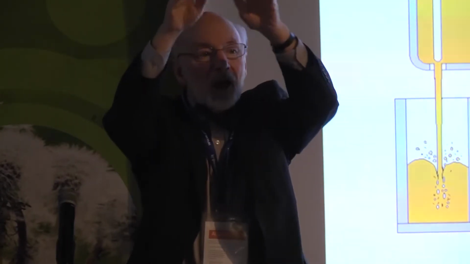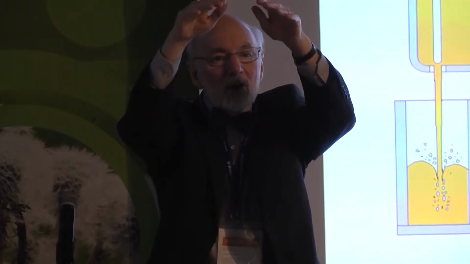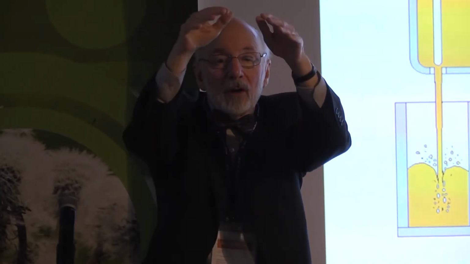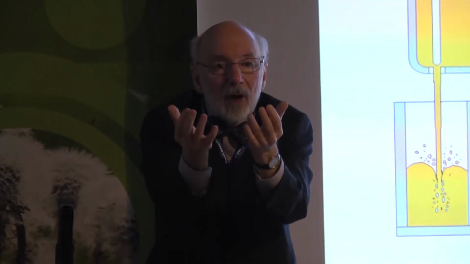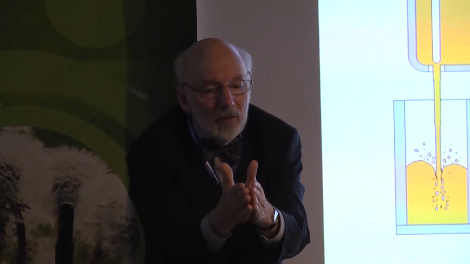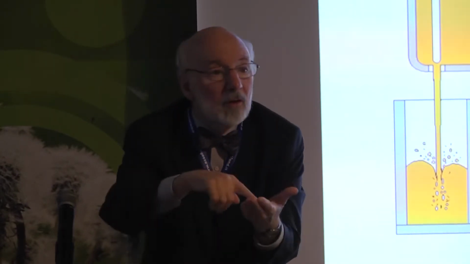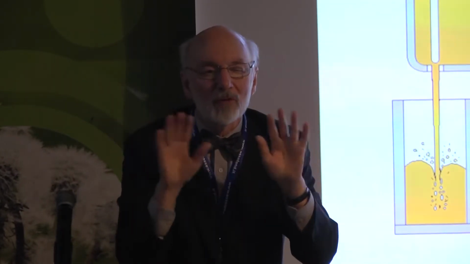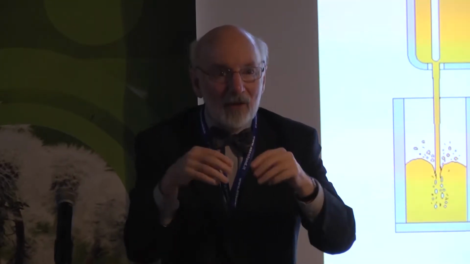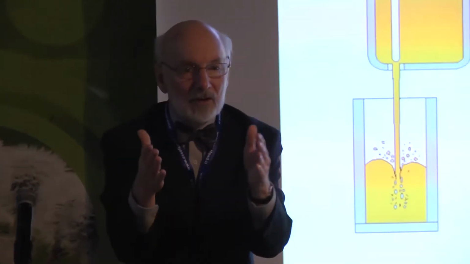And what you can see happening is that the oxide skin on the bubble flows around the bubble, comes together under the bubble, dry side to dry side, always dry side to dry side. This is a fundamental issue in the whole of bifilm technology.